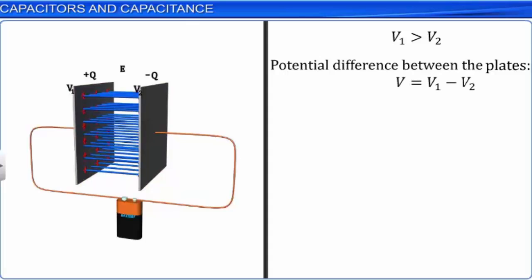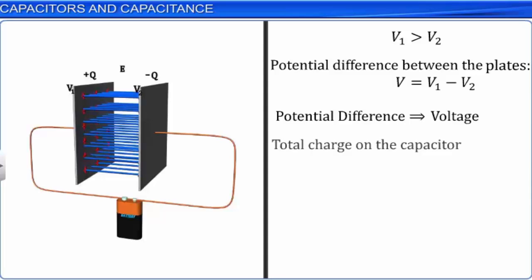As potential difference is measured in volt, this potential difference is referred to as voltage. We see that the total charge on the capacitor is plus Q plus minus Q equal to 0, as the conductors have charges of equal and opposite magnitude.